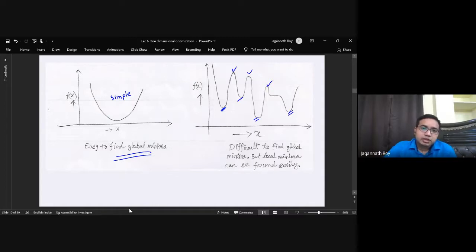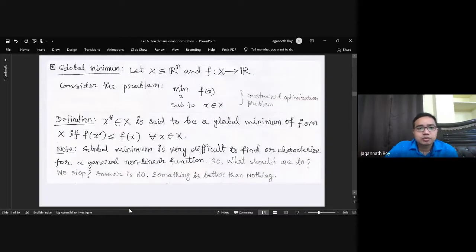Now this will be our actual main target. So we will be trying to find the local minimum. So this will lead us to define the global minimum point.